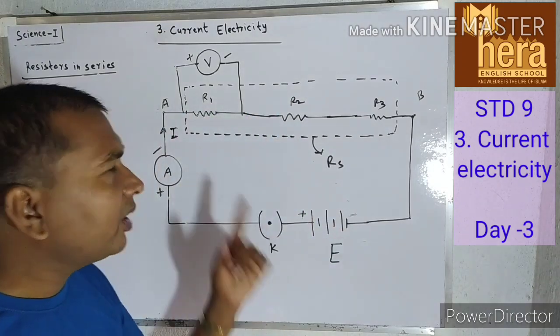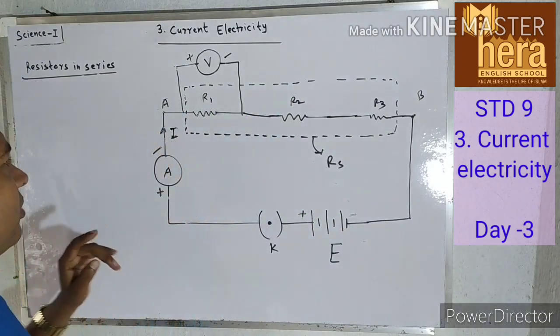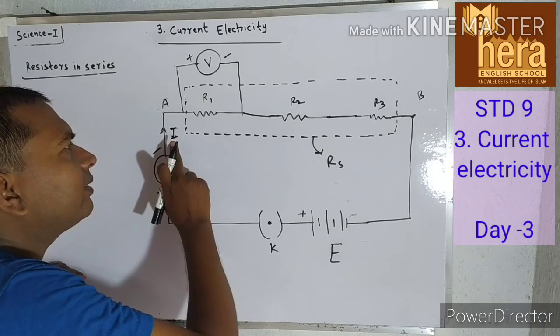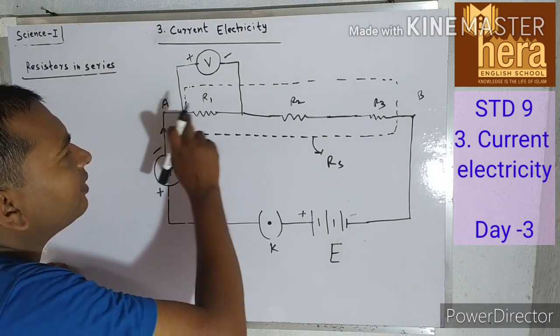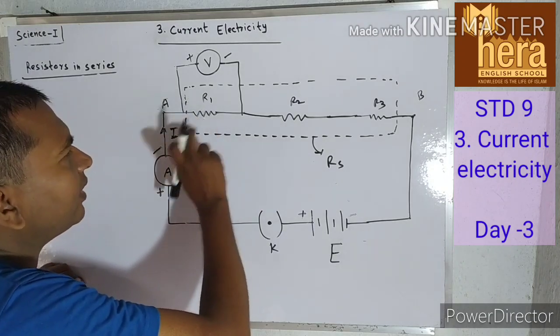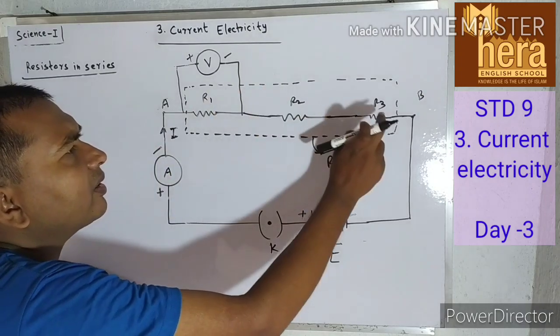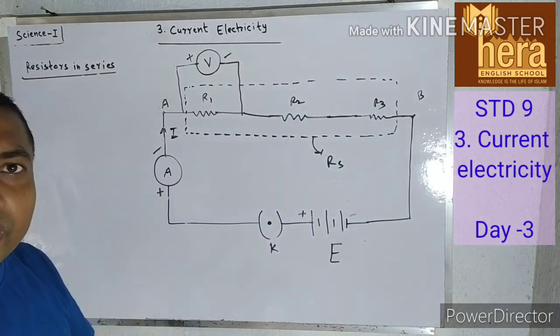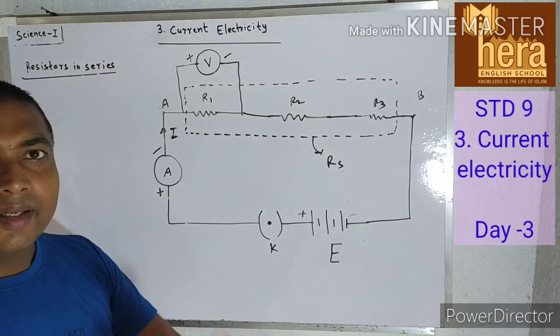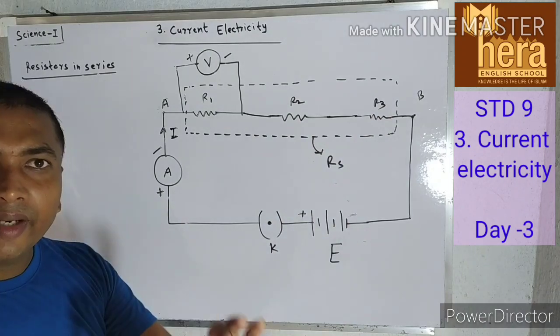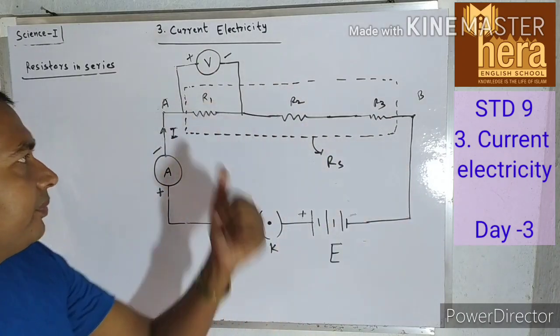This current will come here, and the same current will come here, and the same current will come here, because I have already told you, in case of series, current remains the same. So I am using that thing here.